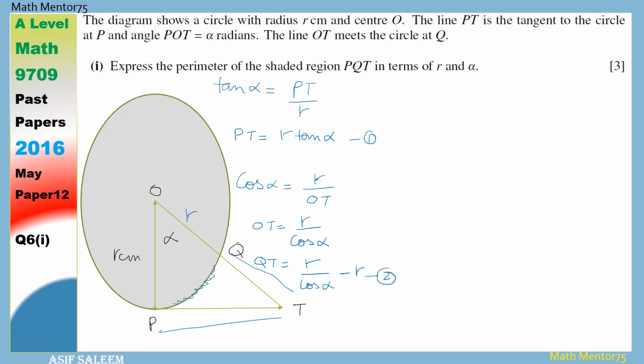Now we have to find the arc length PQ. We know the formula, S is equal to R theta. We are going to apply it for this sector. We have the length, we have the angle, we know the formula as well. The formula is S equals R theta.